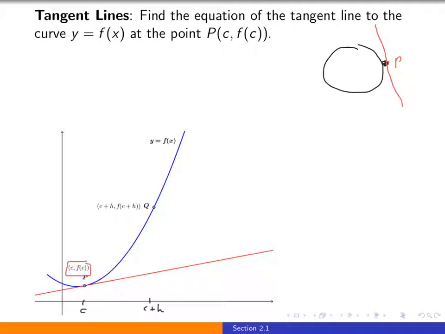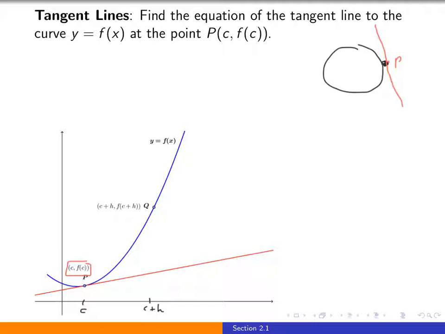And how we find the slope is through the use of what we will call a secant line. A secant line is a line which passes through two specified points on a curve. For example, we have the point P and the point Q indicated on our curve.